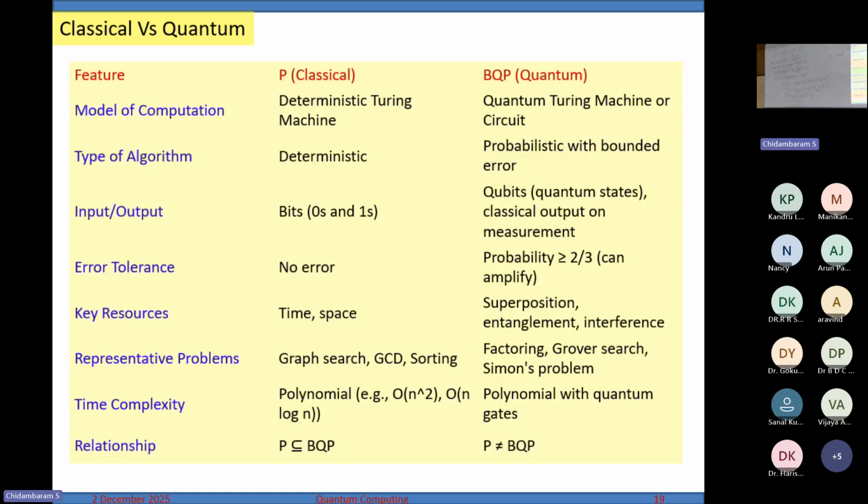I will not spend time on this because these things were already discussed. The classical one is deterministic, whereas here it is a quantum Turing machine. Classical algorithms are deterministic; here it is probabilistic.